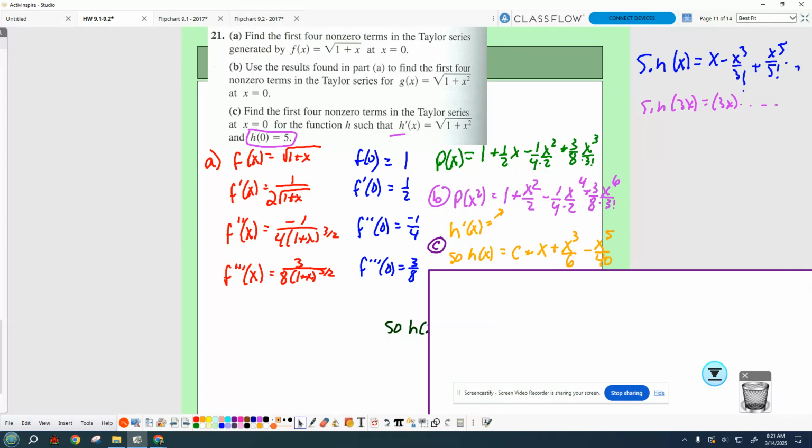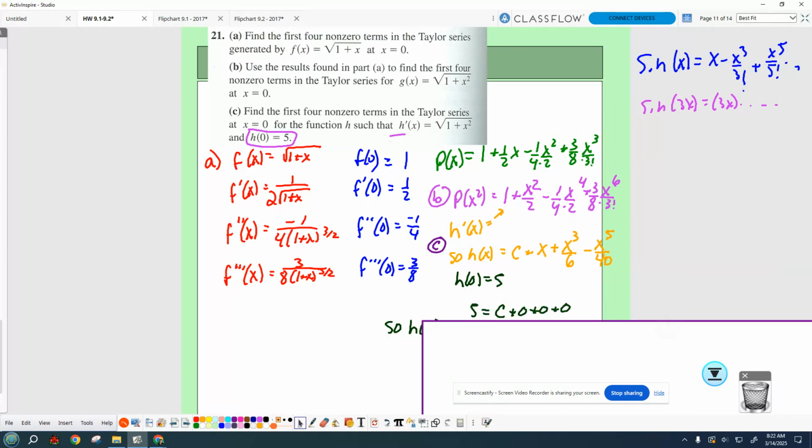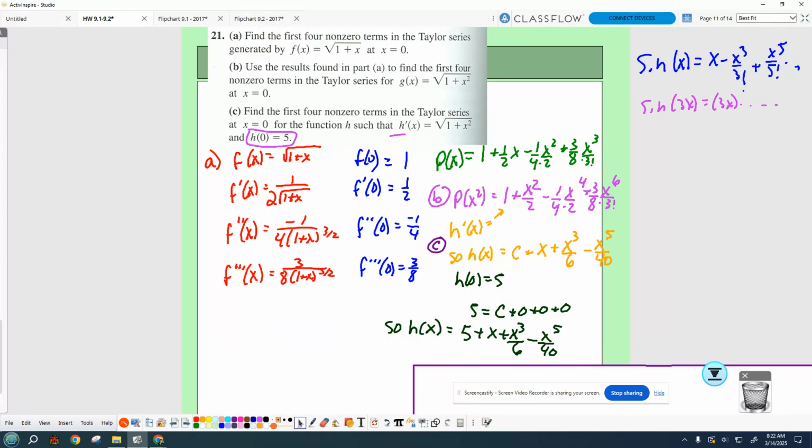X cubed divided by the new power. The first 4 non-zero terms, 1, 2, 3, I got by integrating, plus C. Then you have to solve for C. Well, they give you C. But technically I show solving for C, there it is. Okay, that makes sense.